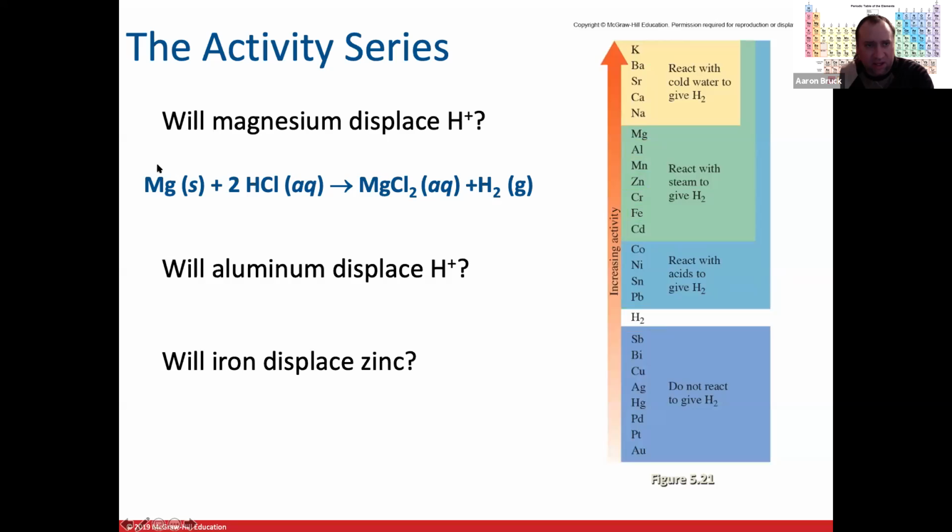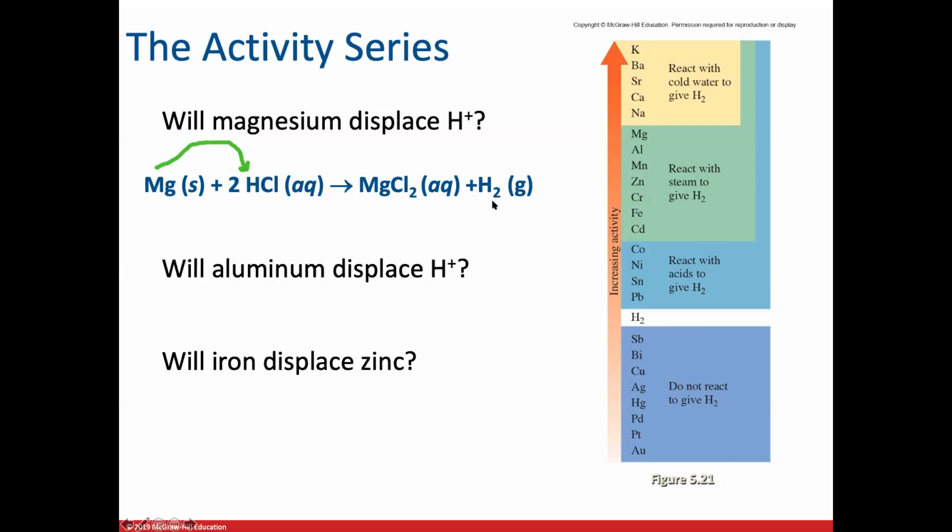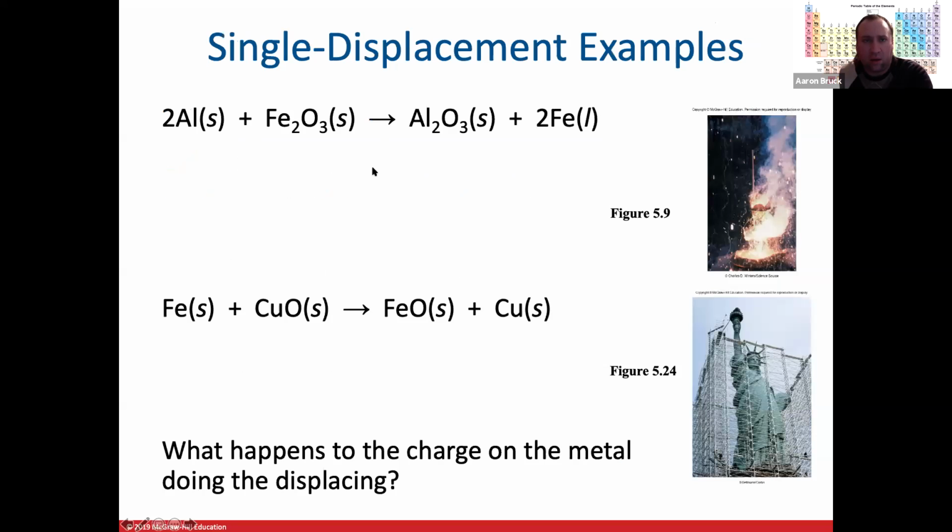Magnesium, in this case, will kick out the hydrogen to make magnesium chloride and hydrogen gas. The aluminum would displace the hydrogen similarly, but the iron would not. So some common examples of this. I can look here. This is a reaction called the thermite reaction.